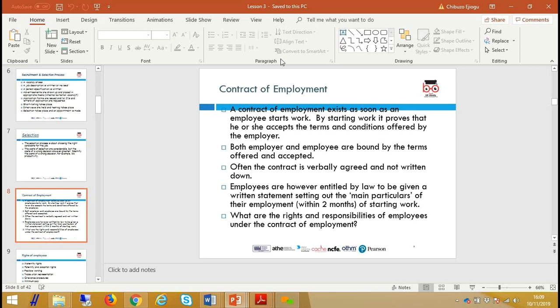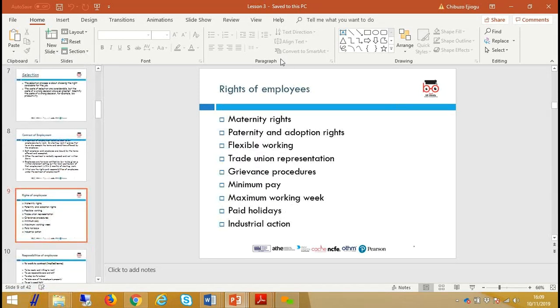But we have to note and train you guys to the fact that your words, your verbal contract is legally binding. So you have to be careful as a manager making an offer of employment, right, and things like that. That's part of the legal contract. So that's one important thing to know about the contract of employment.